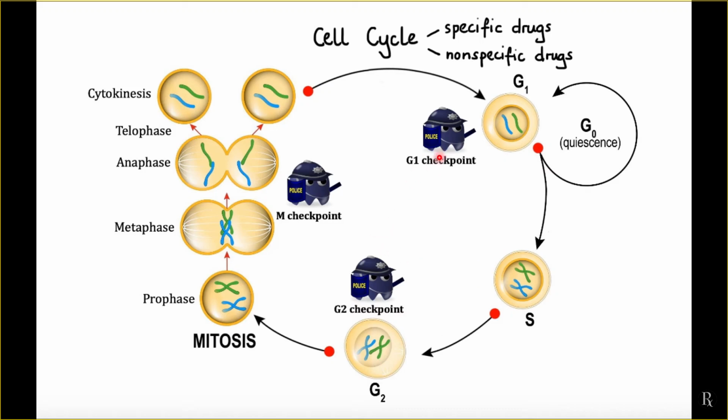The main checkpoints are at G1, G2, and M phase. So these are correspondingly called G1, G2, and M checkpoints.